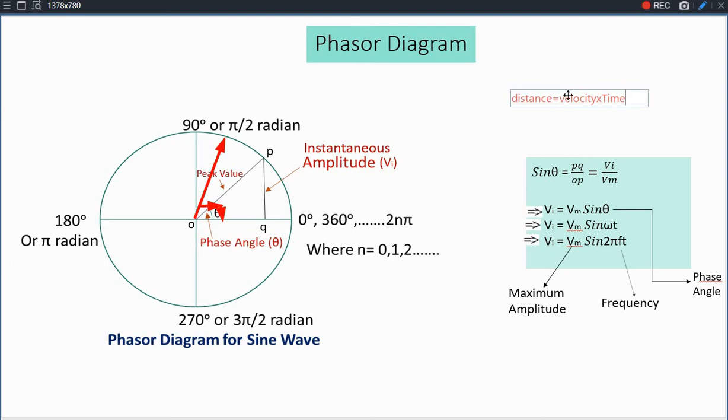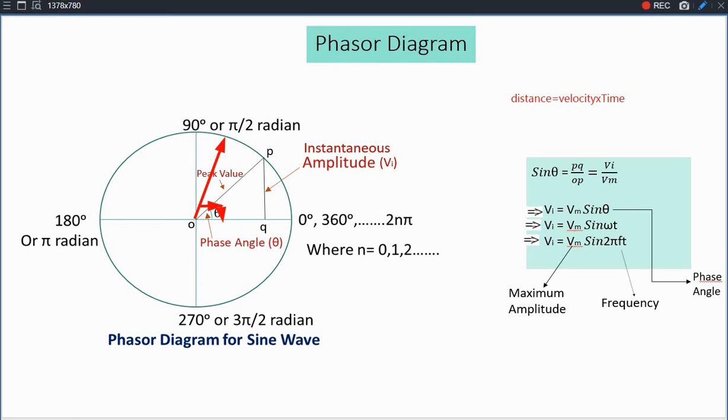I can recall from my childhood memories that distance is equal to velocity into time. So here, this curve from 0 degrees to a certain angle theta, which may be a semicircle or less than a semicircle, is the distance covered by the angle, and if it is covering the angle with a velocity omega, then theta is equal to omega t.